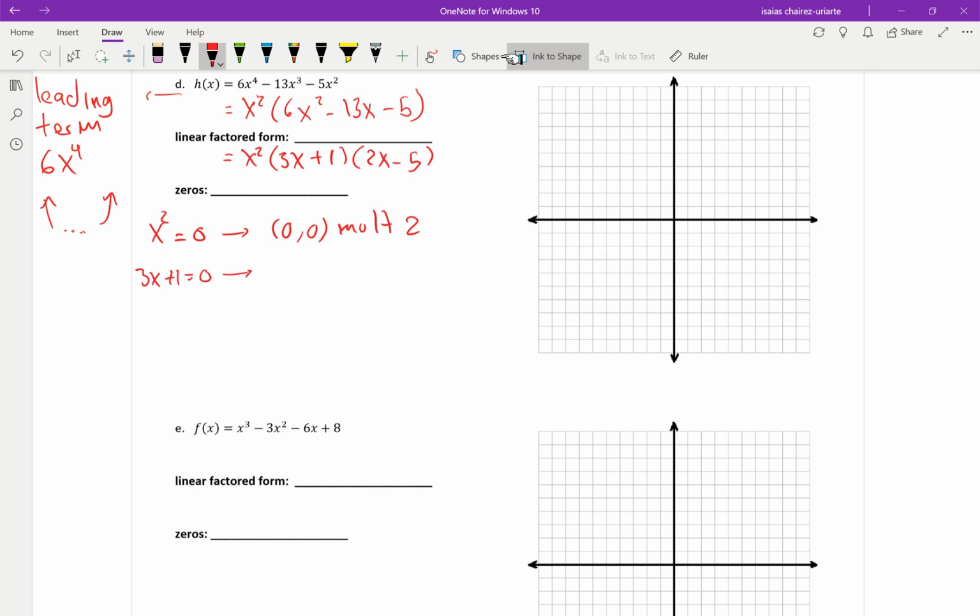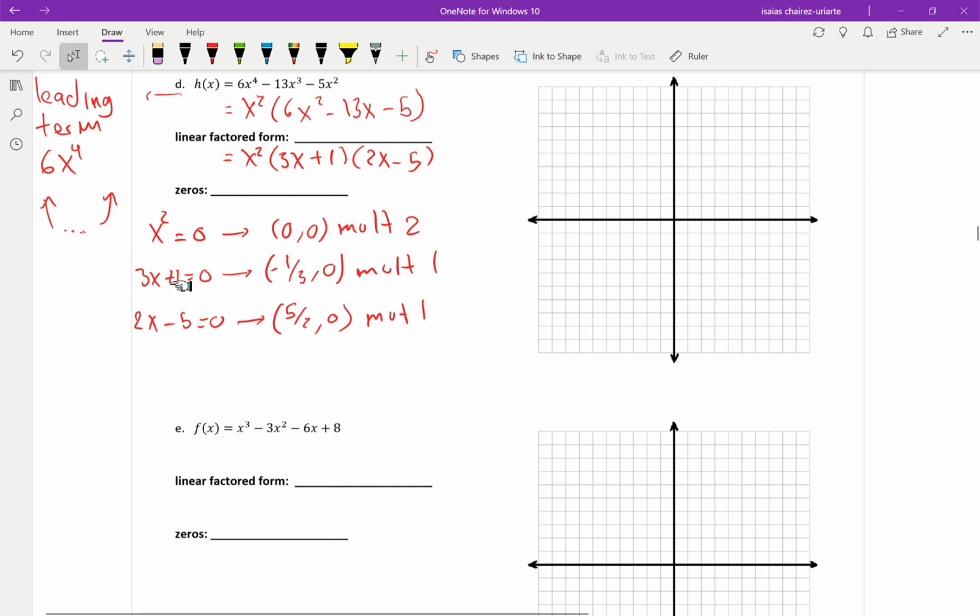That would say that my x-intercept would be (-1/3, 0), and that has multiplicity 1. I would have to do 2x minus 5 equals 0. That would say that my x-intercept is (5/2, 0), and it's also multiplicity 1.